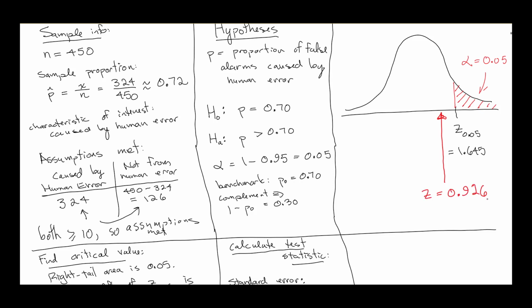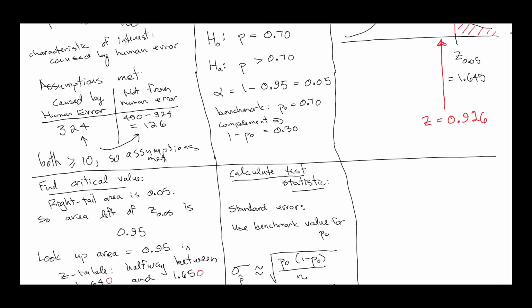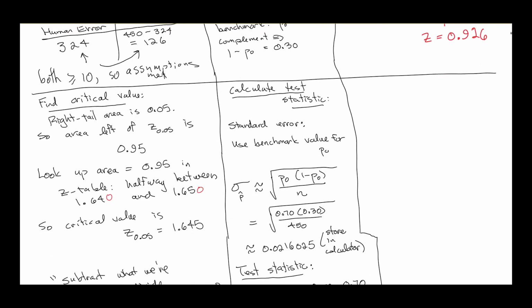So you see that is not in our rejection region because it's closer to the mean than the critical value. Okay, so now let's write our conclusion. We are not in the rejection region, so we are going to not reject H0.